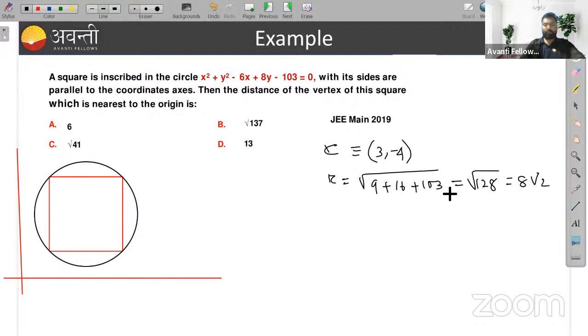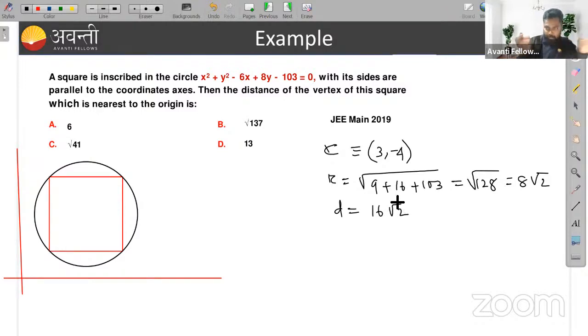If the radius is 8 root 2, then the diameter will be 16 root 2. Yes or no? 16 root 2 it will be.